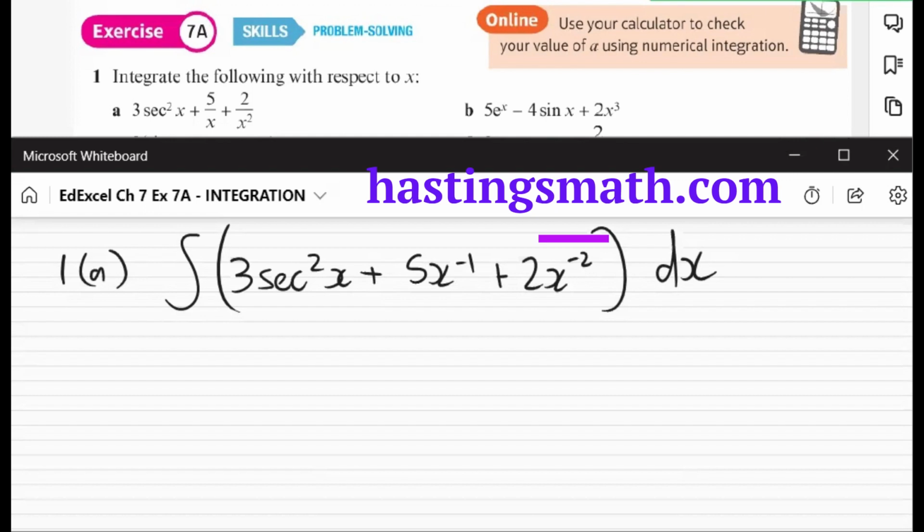Okay, so P3. First thing, notice that if you have a minus 1, we can't use the chain rule the way that we would usually do. Just quickly to demonstrate in this first video how that would work out.